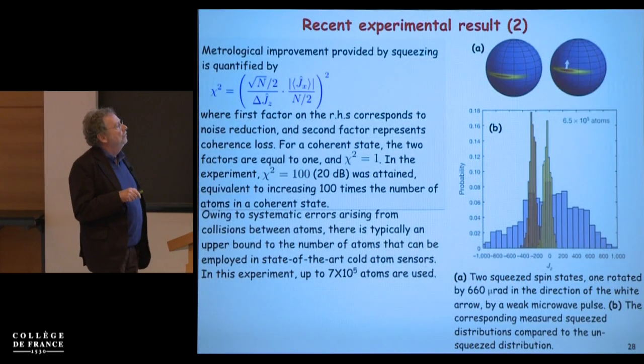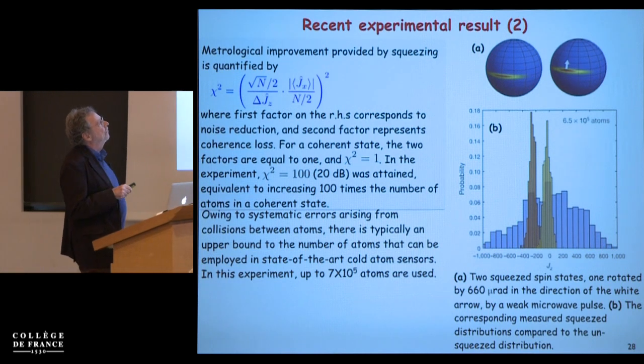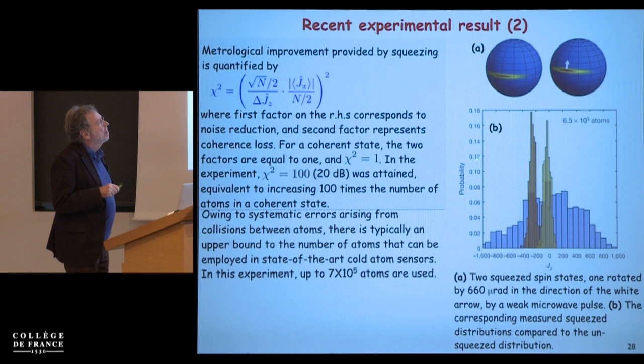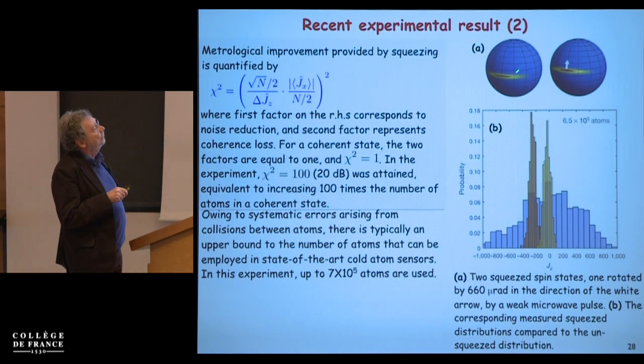Now, by using the QND measurement I mentioned before, they are able to produce squeezed states of the field. So these two spheres, which are actually Bloch spheres, compare two squeezed states, one which is on the equator, and the other that undergoes a small deviation from the equator.